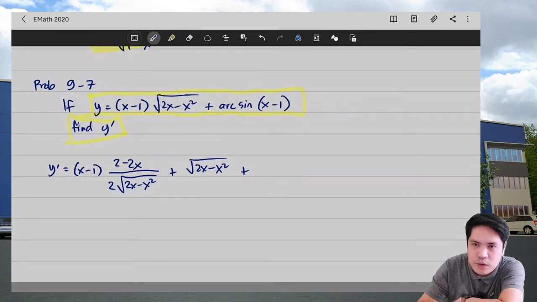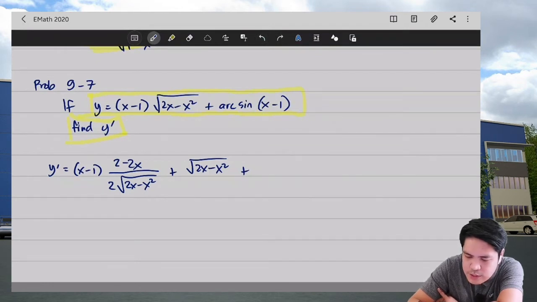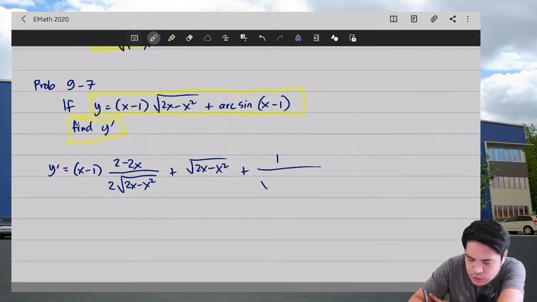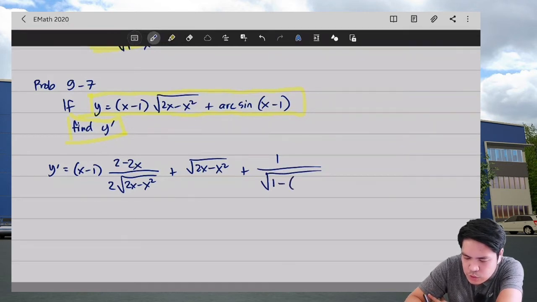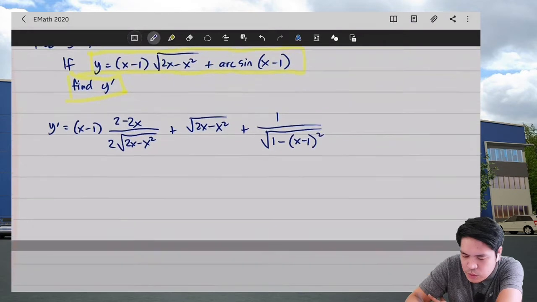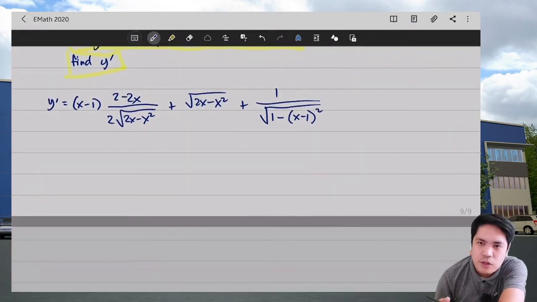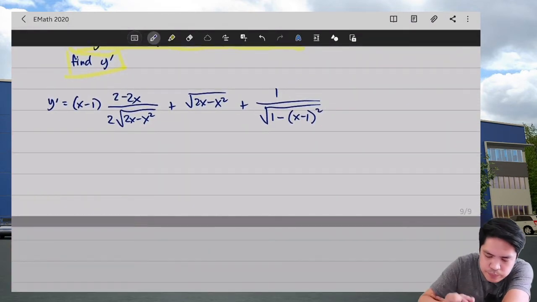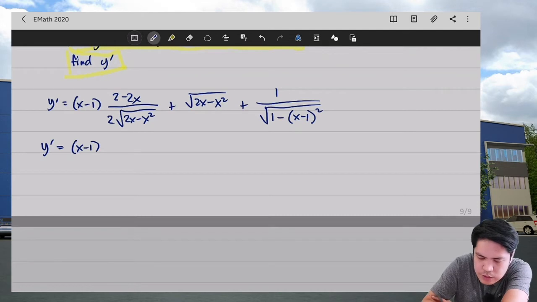We know that the derivative of arc sine is the derivative of u, divided by the square root of 1 minus u squared. So our u here is x minus 1, and then you just square that. Then it's a matter of simplifying. So let me simplify first. Here, x minus 1, the 2 cancels out. So this becomes 1 minus x over the square root of 2x minus x squared.